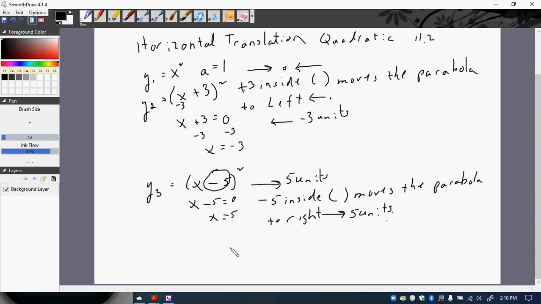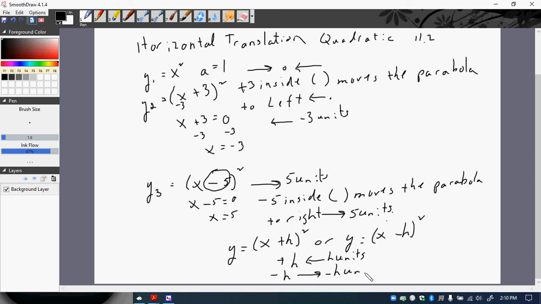So for general purposes, y would equal the x plus the h squared, or the y would equal x minus the h squared, where h, if it's positive, moves everything to the left h units, and the negative h moves it to the right negative h units. Or we could just say h units. And so that's the rationale of what's going on with these quadratic equations.